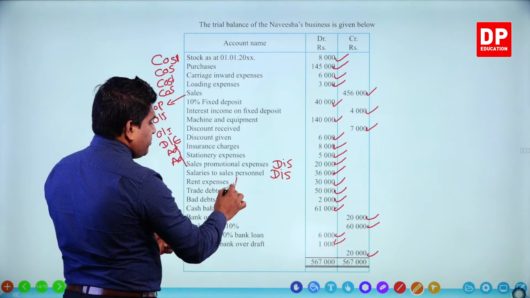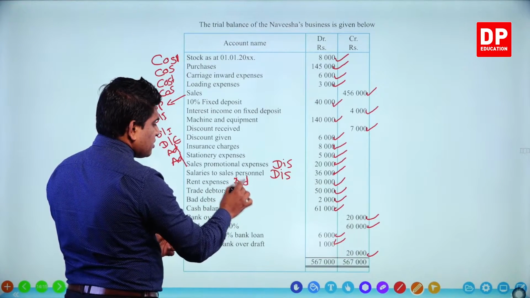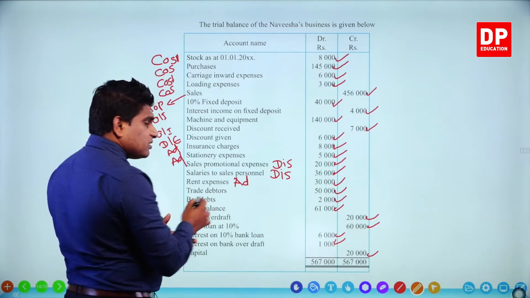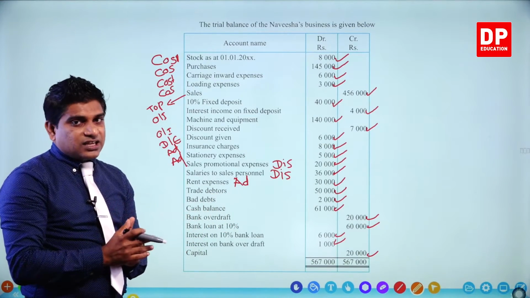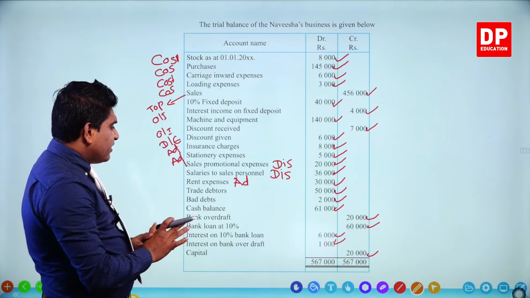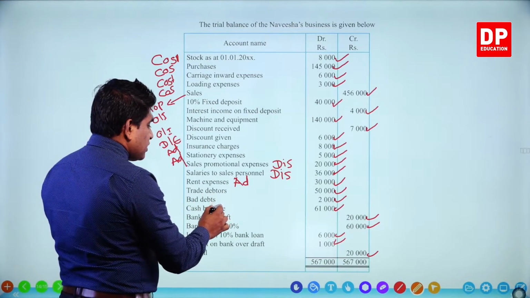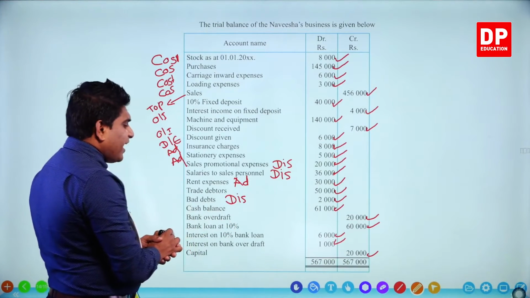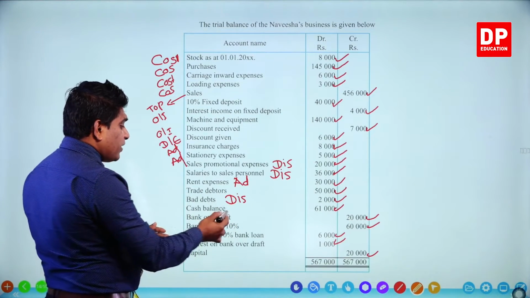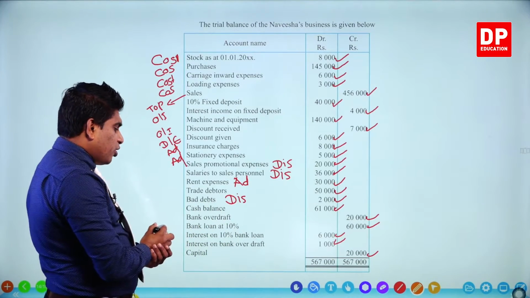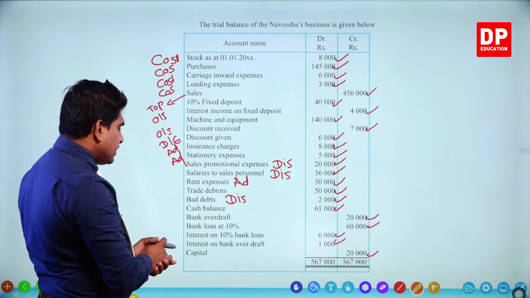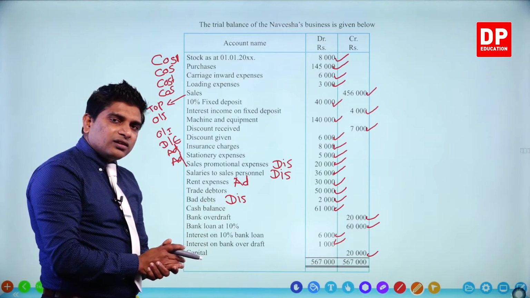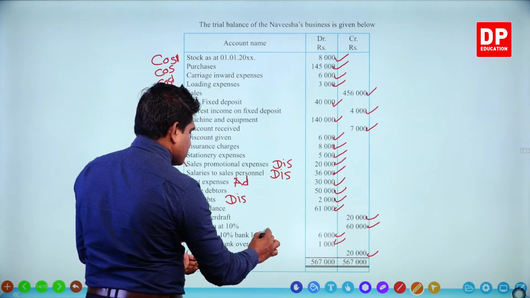Rent expense, administration. Trade debtors, debtor is an asset, so you don't take it. Then bad debts, distributing expense. Cash balance is an asset. Overdraft, liability, so you don't take it. Bank loan also we don't take. Interest on bank loan, financial expense.